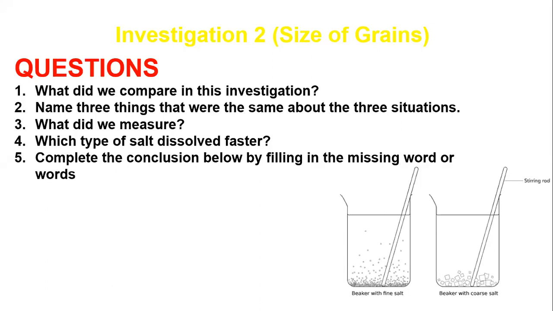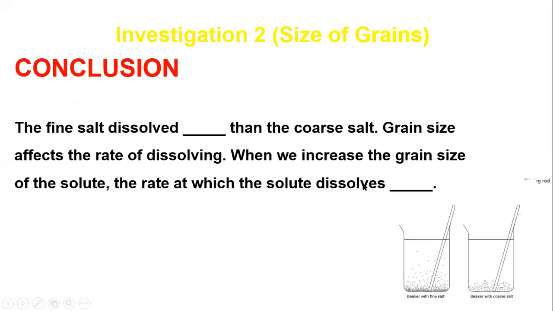So what type of salt dissolved faster? The answer was said already. It was the fine salt that dissolved faster. And complete the conclusion by filling out the missing words in the next sentence on this slide.